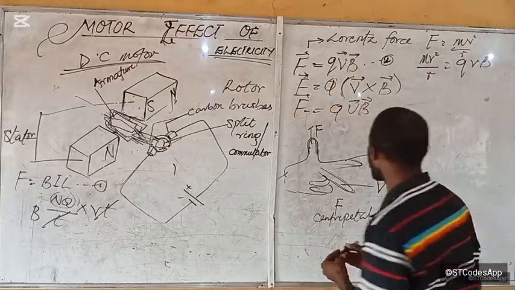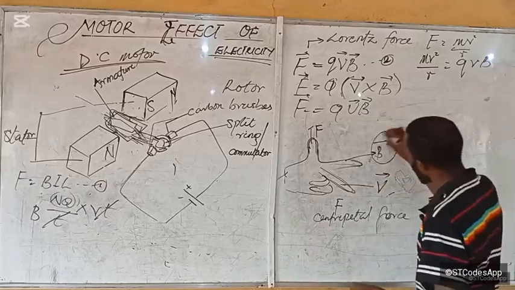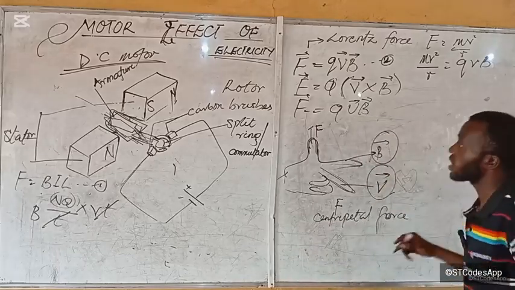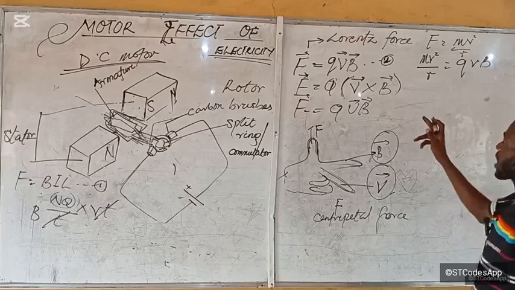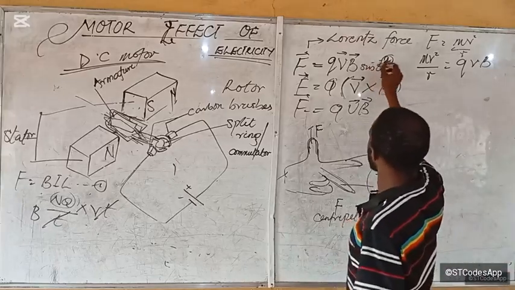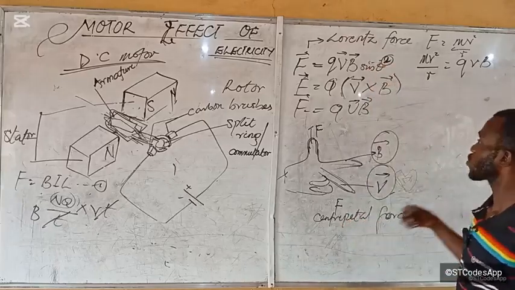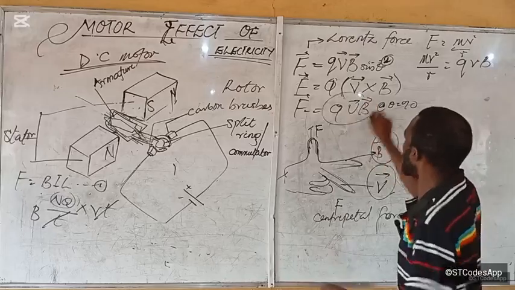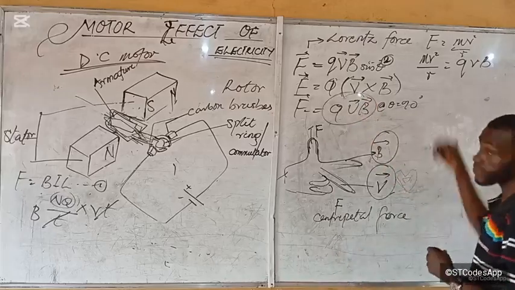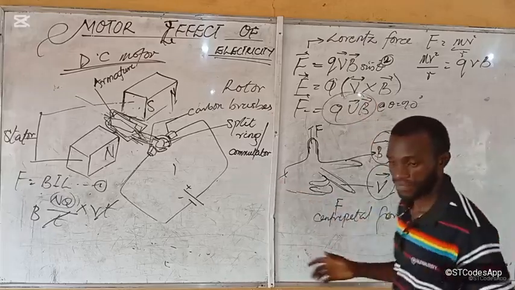Sine theta is the angle between the velocity vector and the B field vector. The angle between them. Is that okay? That is going to be the sine theta. And of course, the closer to perpendicular, the stronger the force. This is at theta equal to 90 degrees. That's why you have this. Same thing as we had in that case.